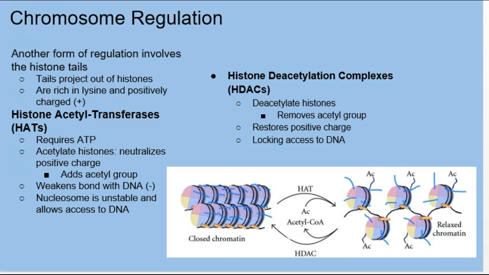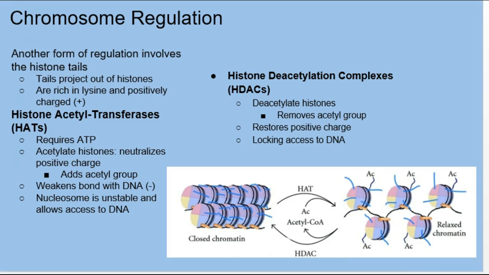Chromosome regulation can also be done in a way that involves the histone tails on the nucleosomes. These tails are rich in lysine and are positively charged. So one process is the use of histone acetyltransferases, or HATs.